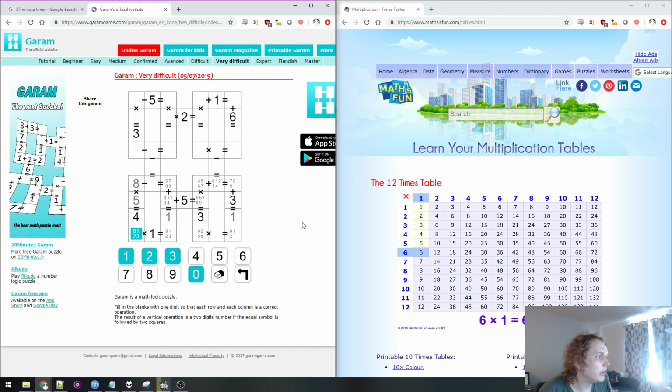I'm not seeing any 41s on here. 42, 6 times 7. And it could go in either order. 43, also prime, correct? So we can get rid of the 41. 43, no good.